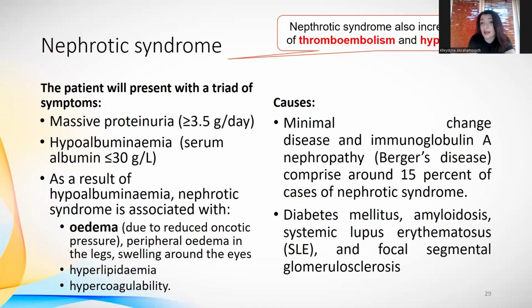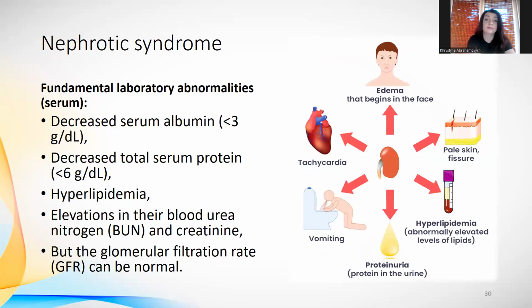Now, what may cause this problem? Minimal change disease and immunoglobulin A nephropathy, which is a cause in 15% of cases. Besides that, it may be due to diabetes mellitus, amyloidosis, systemic lupus erythematosus, and focal segmental glomerulosclerosis.